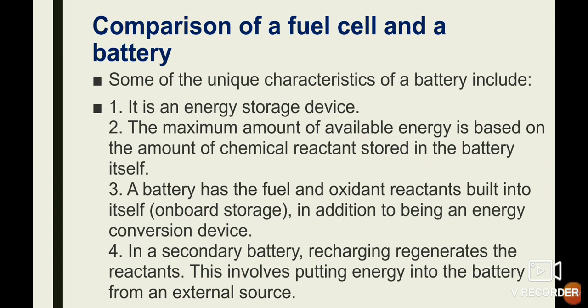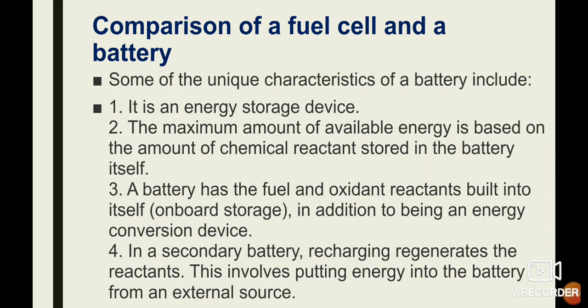Then battery. Some of the unique characteristics of the battery include: first, it is an energy storage device. Second, the maximum amount of available energy is based on the amount of chemical reactants stored in the battery itself.